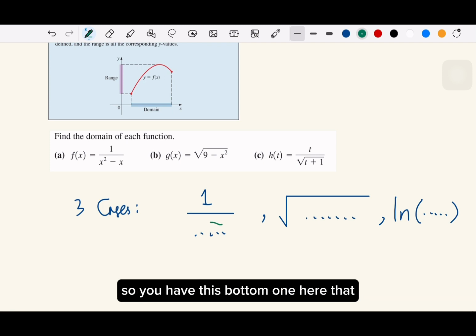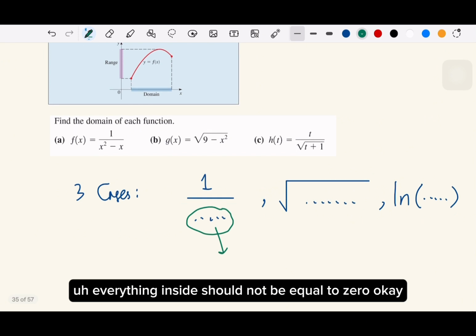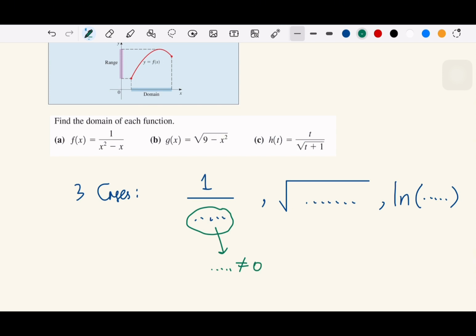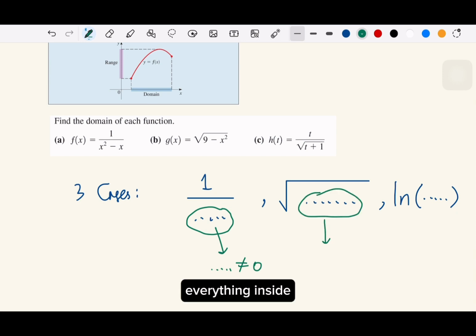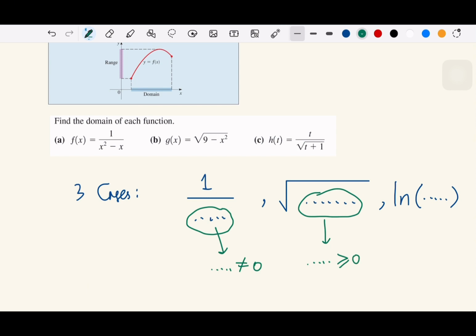Okay, so for this bottom one here, everything inside should not be equal to 0. And for this part here, everything inside must be greater than or equal to 0.